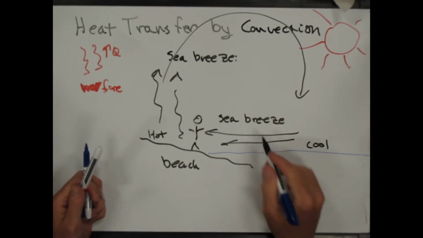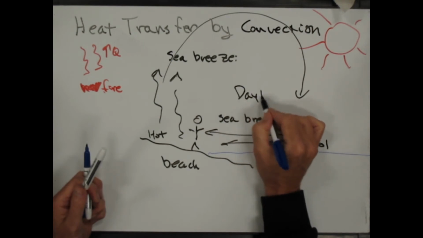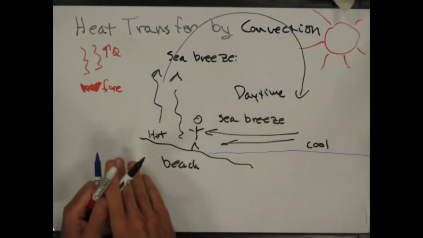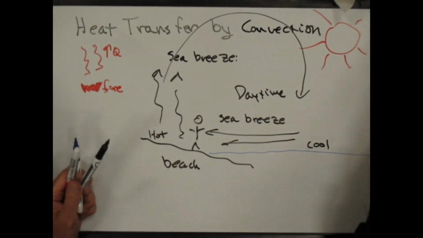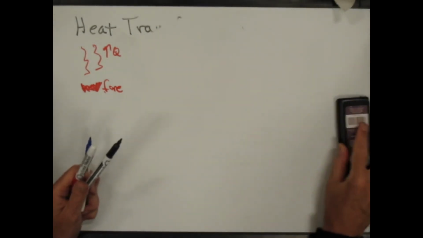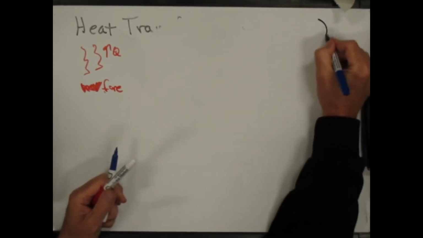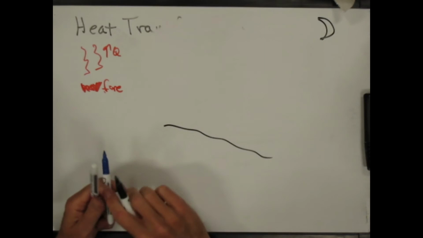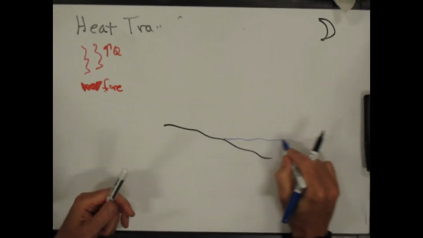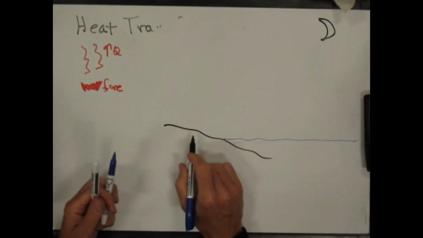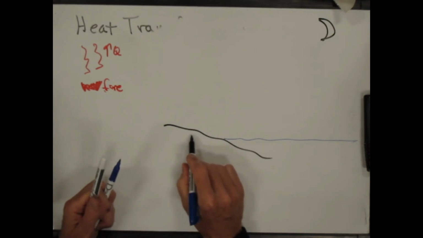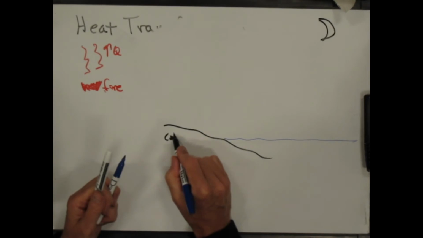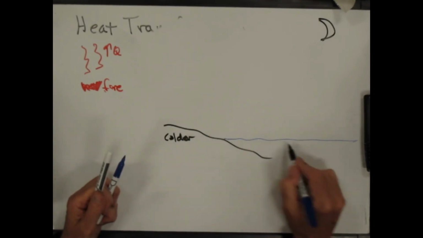At night, so this is daytime. At night, it turns out the opposite happens. So if I redraw this diagram here, at night, I'll just be silly and put a little moon up there, right? So here's the nighttime. Here's my beach. Now it turns out, because the sand radiates so well, we'll talk about that in the next chapter, now this is cold, and this is warmer.